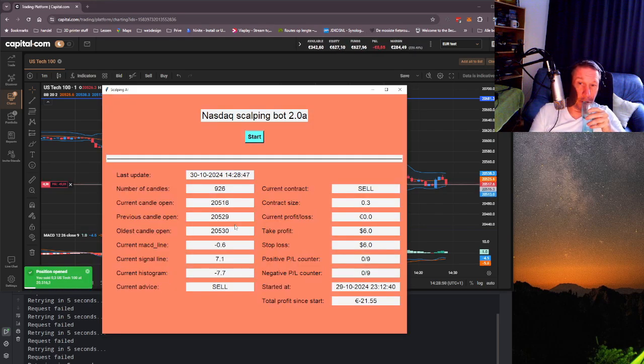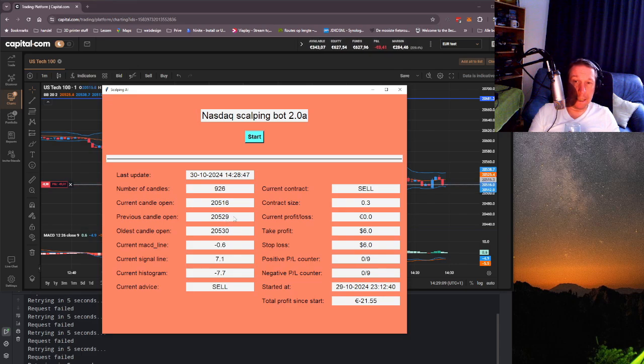And he opens with a sell. 530. Again, 530, 529. There should be at least 2 between. Yeah, it could be a rounding mistake, but there should be at least 2 between.